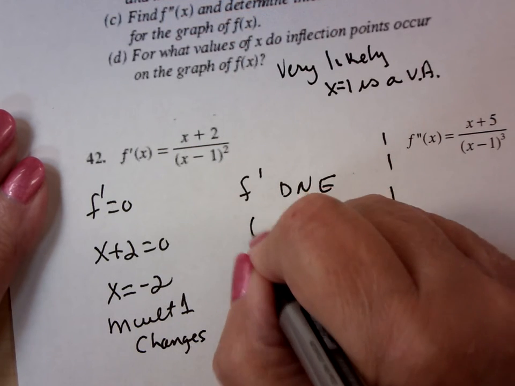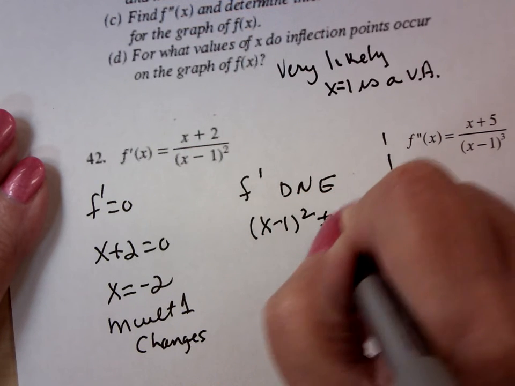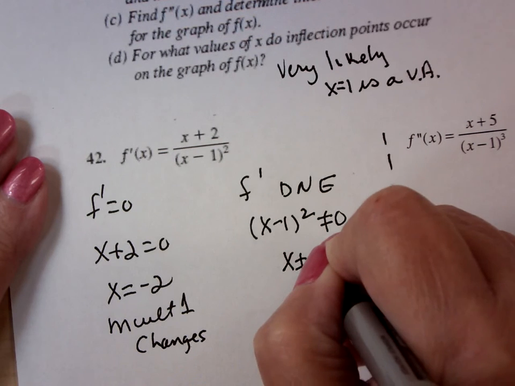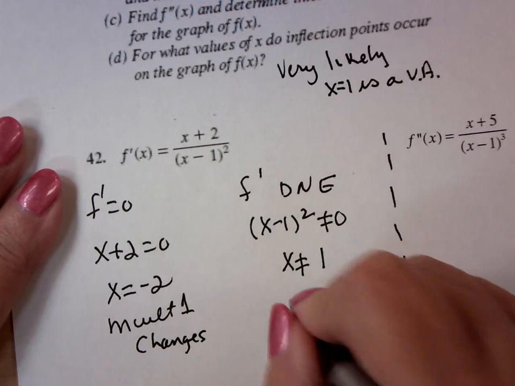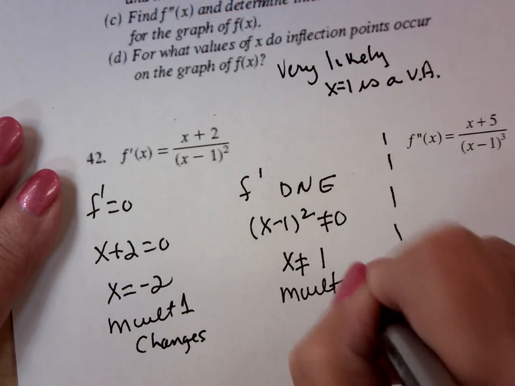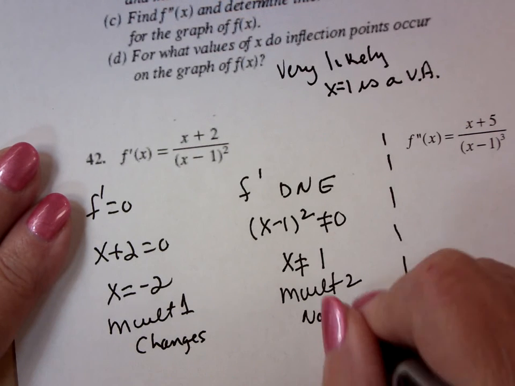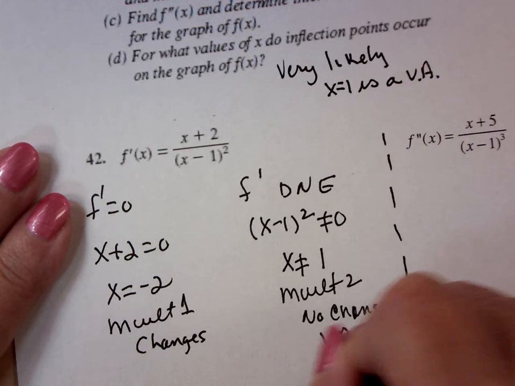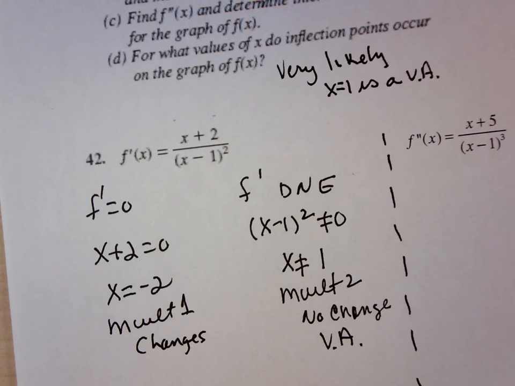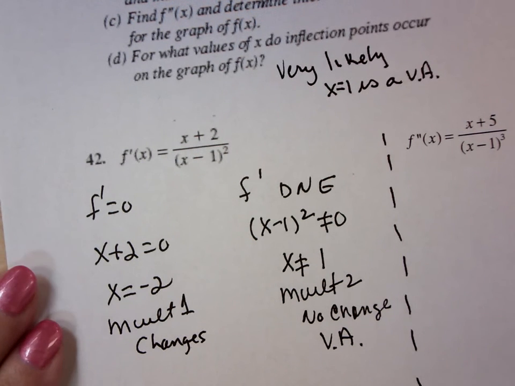Does not exist is where x minus 1 squared is 0, so x can't be 1. This is multiplicity 2, so there's no change. But we have now established that this is a VA. So it's not going to impact increasing or decreasing at all, and it's not going to impact max-min because there's no change across 1. Where it could nail us is in inflection.